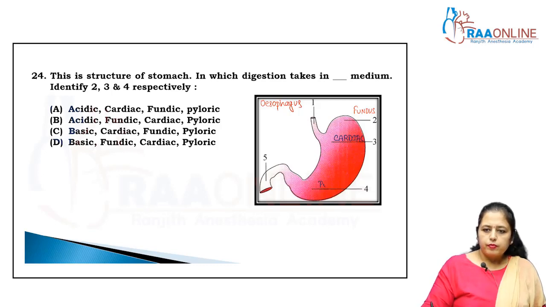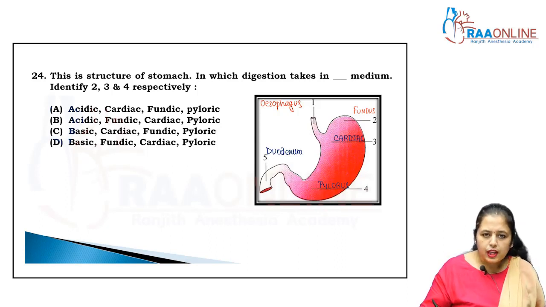Fourth is the pylorus and fifth is the duodenum, right? That portion is called the body. Clear? So what will happen?